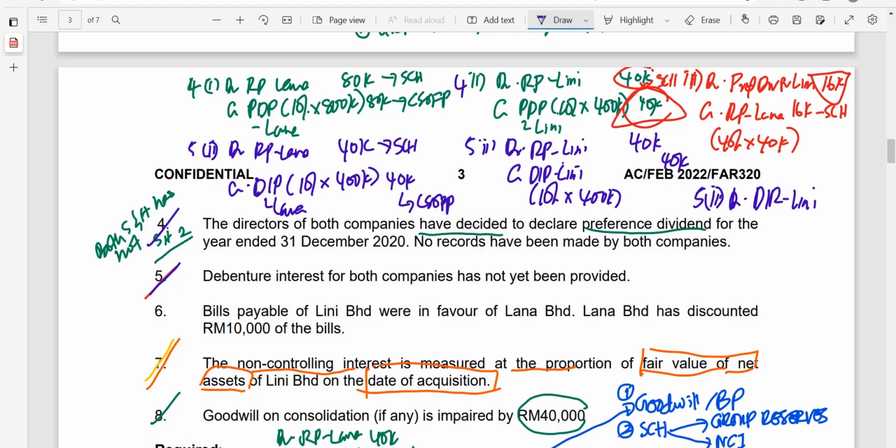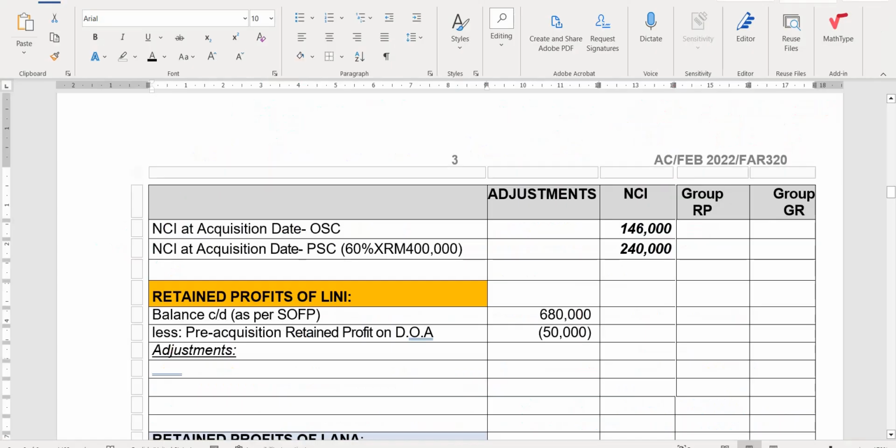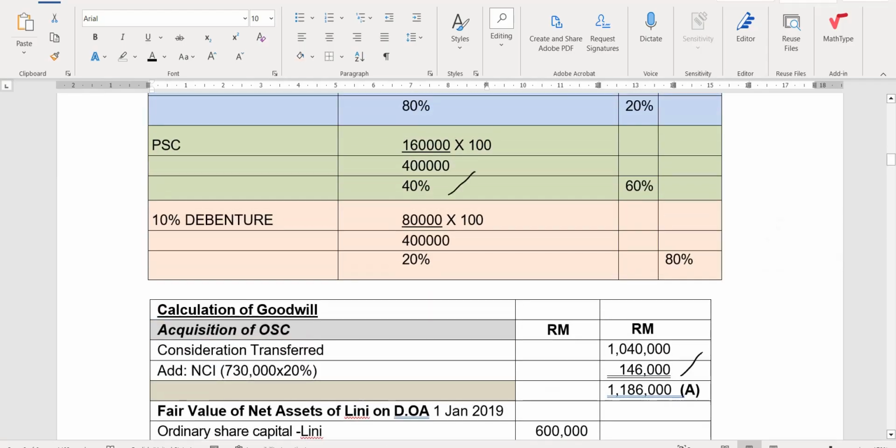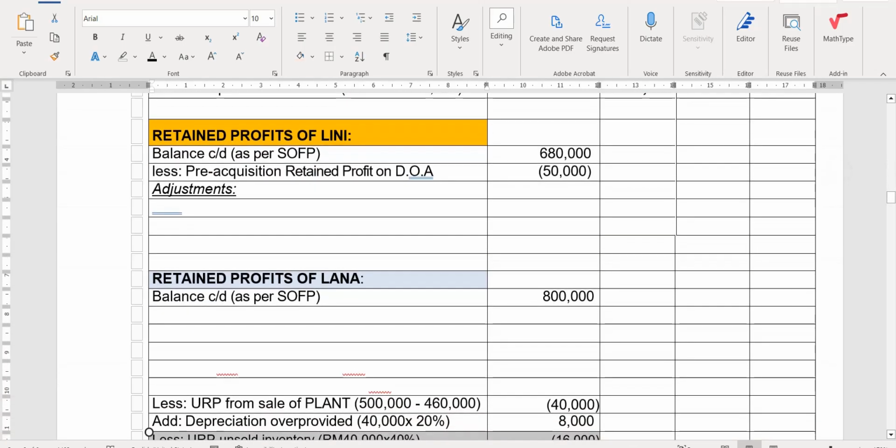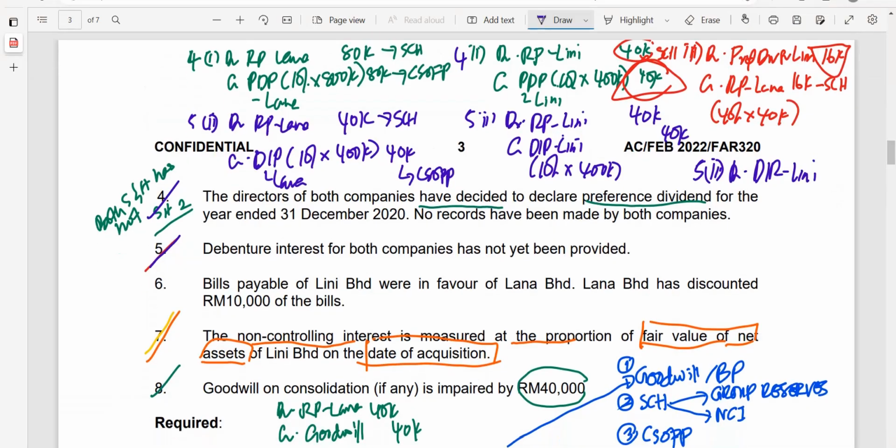And if you have done the calculation much earlier, you would have noticed that this will be based on this percentage here. 20% of the debenture interest, a debenture that you acquired, so that would be credited to the retained profit of Lana. 20% from 40,000, and that would be 8,000 here, 8,000 here. And don't forget to include this in the retained profit or the schedule later.